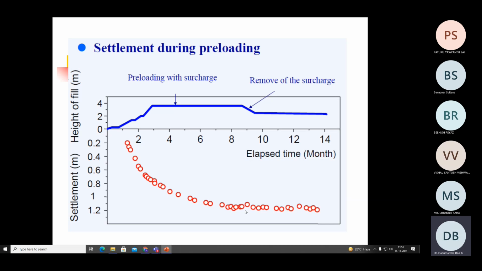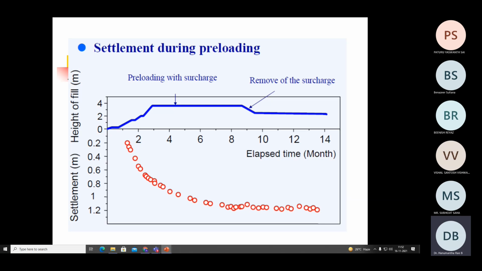Thereafter, the deformation is almost constant. In fact, even after removal of the surcharge load, the deformation is still the same value. That is maintained. That means there is not much rebound, which is a positive aspect, because if the rebound is too much, then that is a danger.